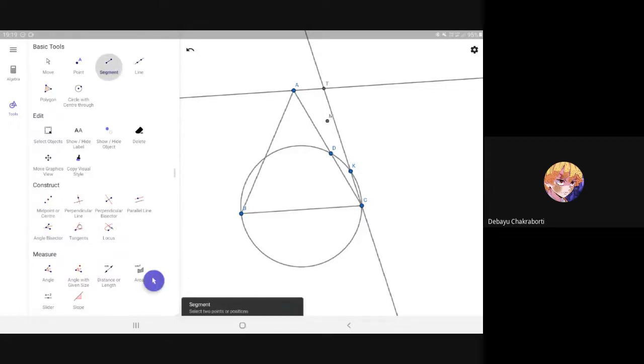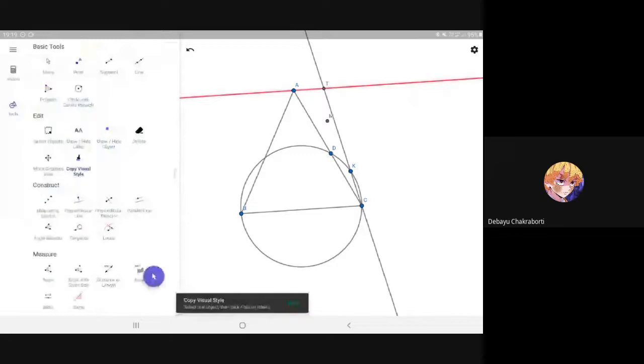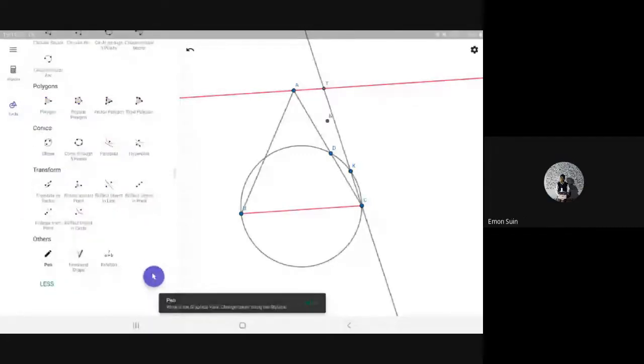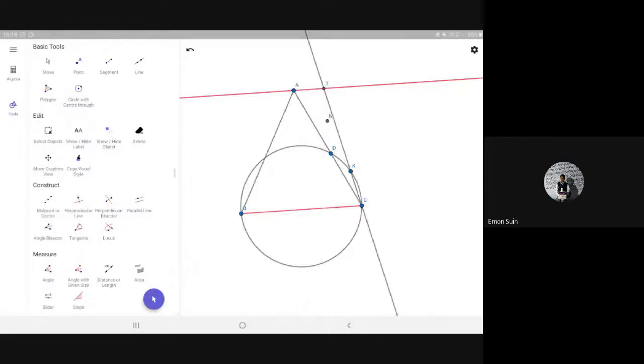So these lines are parallel, give them the same color maybe. And let AB intersect the circle at some point E. Let me just finish telling you the question. And you need to prove angle AKT is equal to angle CAM.